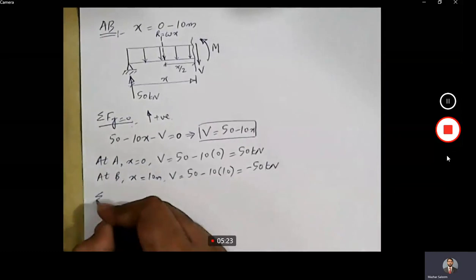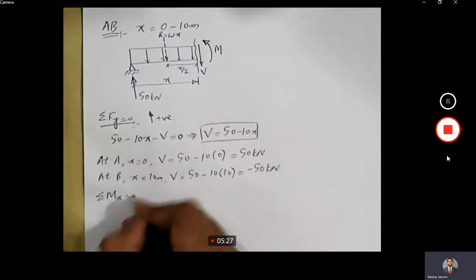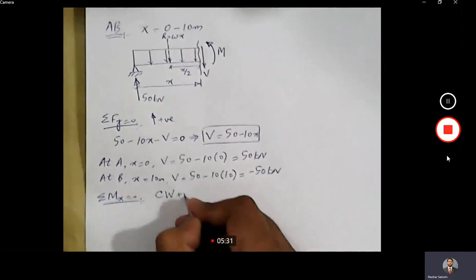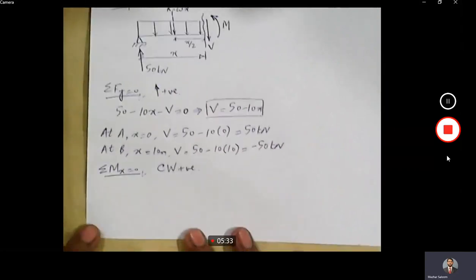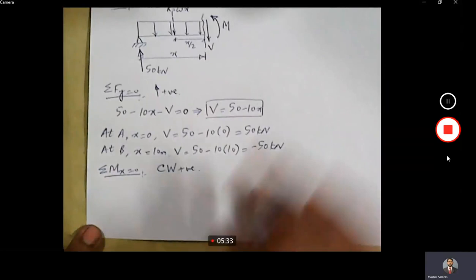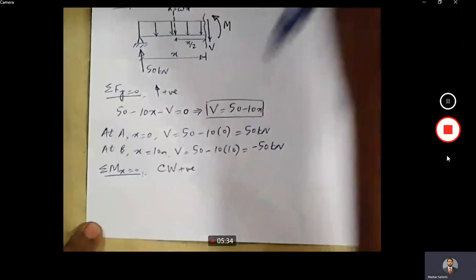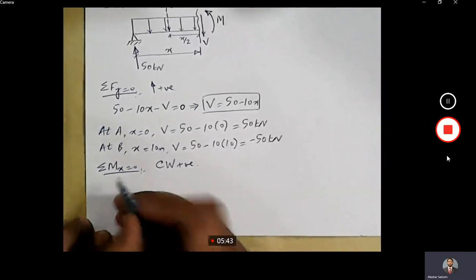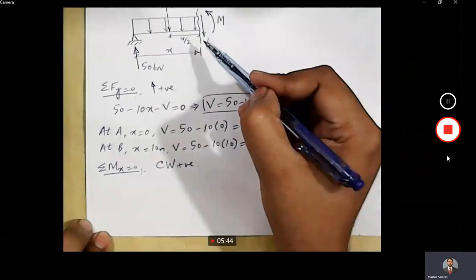This is for shear. Now let's move to bending moment. Sigma Mx equal to 0. Convention is clockwise positive. Let's apply sigma Mx equal to 0. So about this section, this 50 kilonewton will produce moment in clockwise direction.